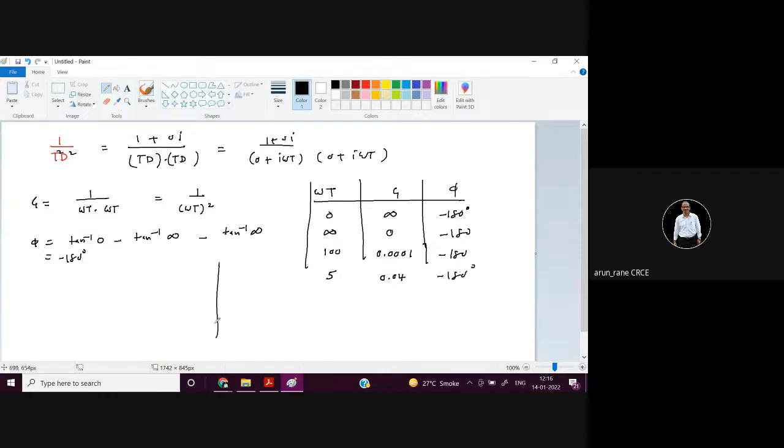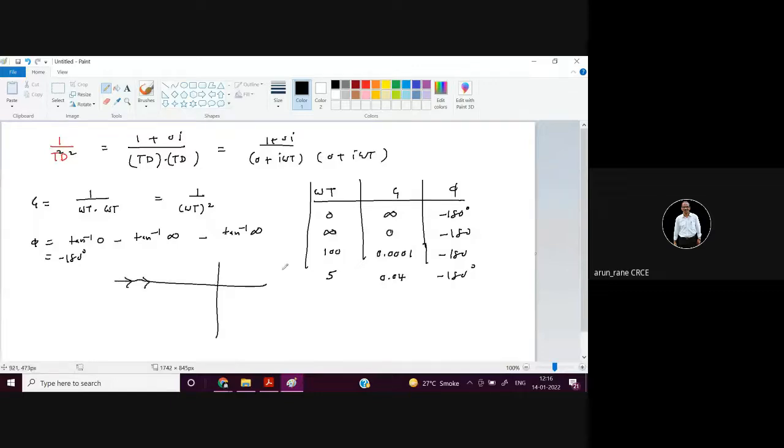So phi is going to be minus 180 only, right? Now how is G changing? G is initially at infinity, so it is coming from infinity. The graph will be like this.